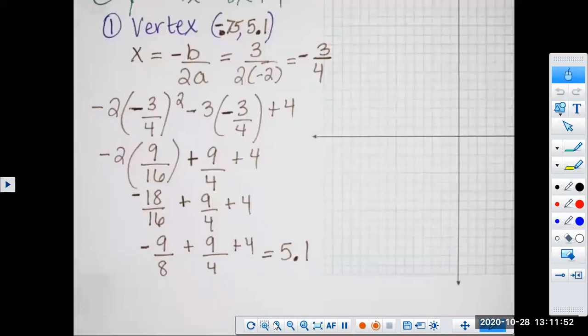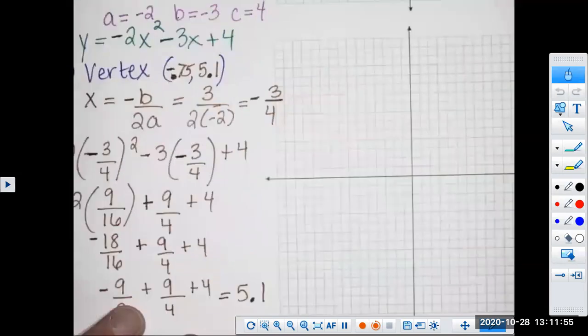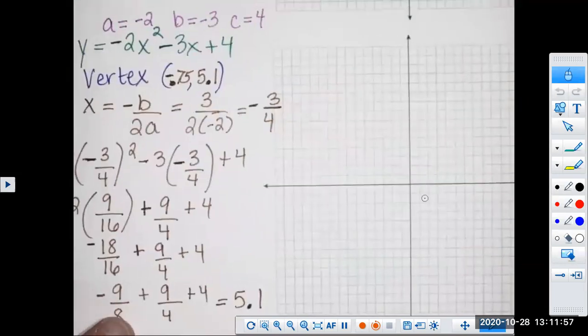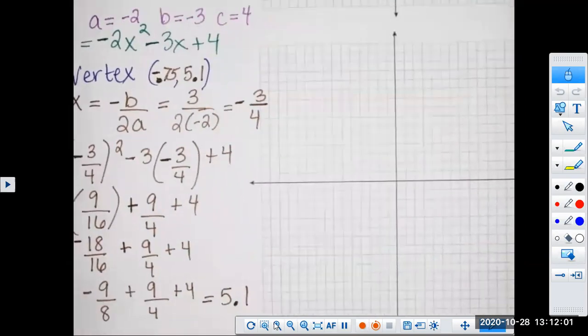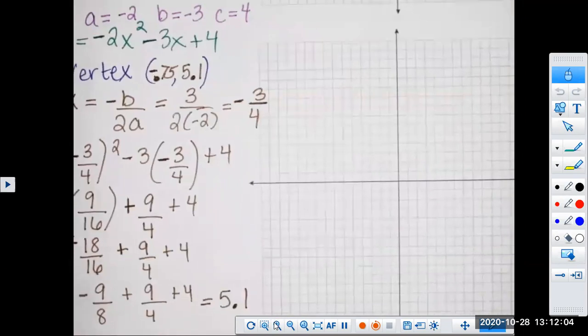Okay, plot your vertex. You can go by halves. I'm going to choose to stick with 1, but you can go by half, 1/4, whatever you need to do.